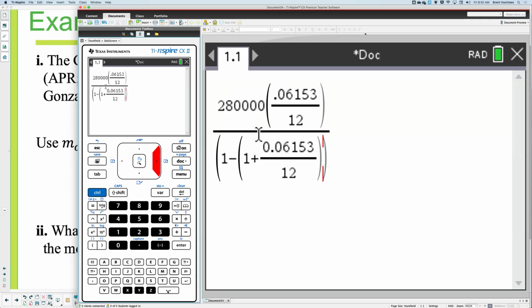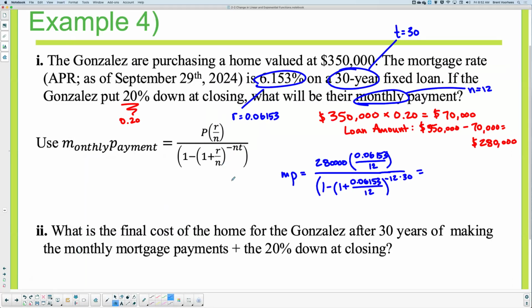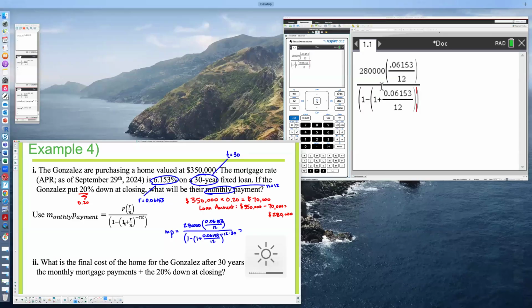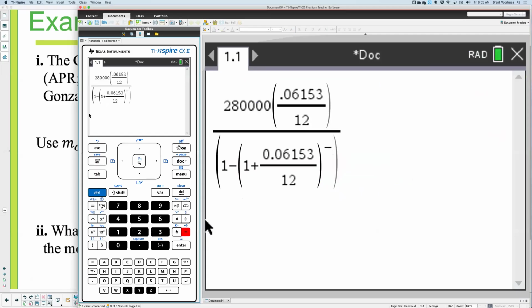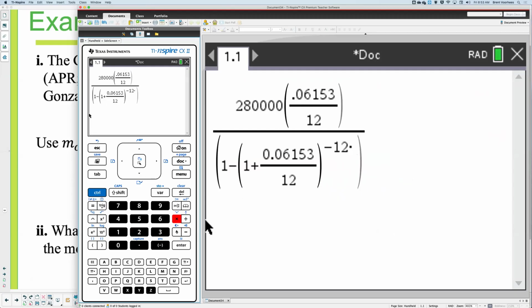And this is raised to the power of negative 12 times 30.